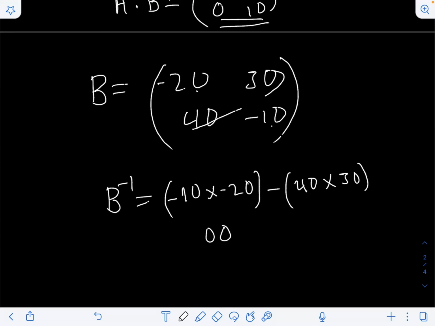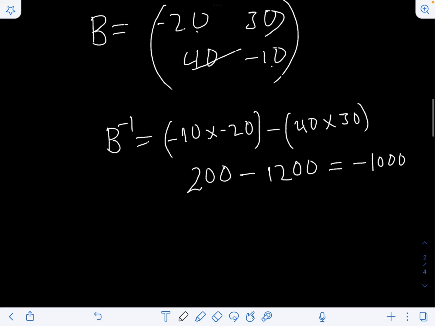We have 200 minus 1200. So our determinant is negative 1000.